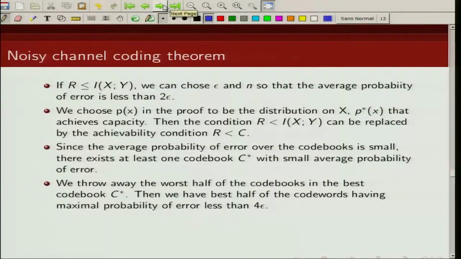So what I have shown you so far is that the average probability of error over all possible code words is very small. It is basically less than or equal to 2 times epsilon. Now if the average error probability is small, that means there exists at least one code word whose probability of error will be less than the average probability of error, right?